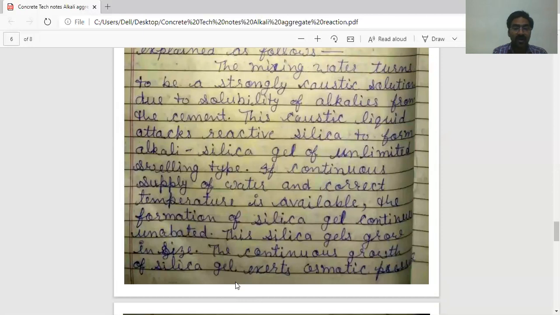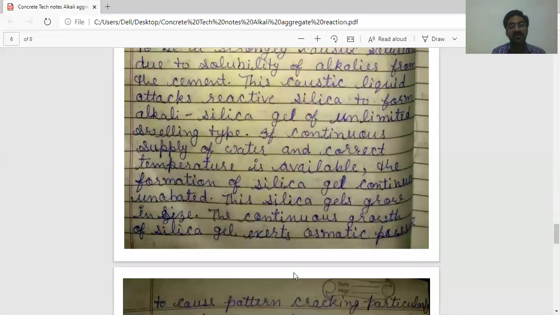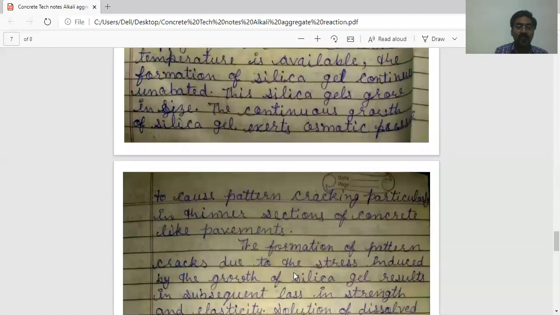If continuous supply of water and the correct temperature is available, the formation of silica gel continues unabated. This silica gel grows in size. The continuous growth of silica gel exerts osmotic pressure to cause pattern cracking, particularly in thinner sections of concrete like pavement, due to volume increase.